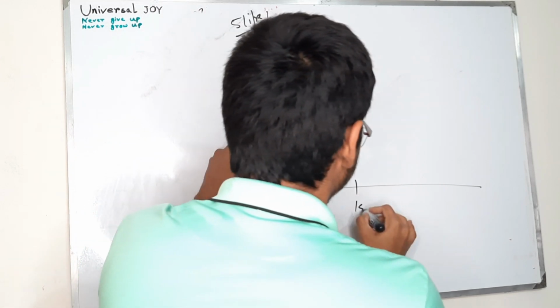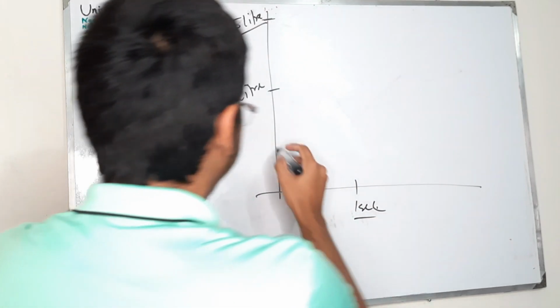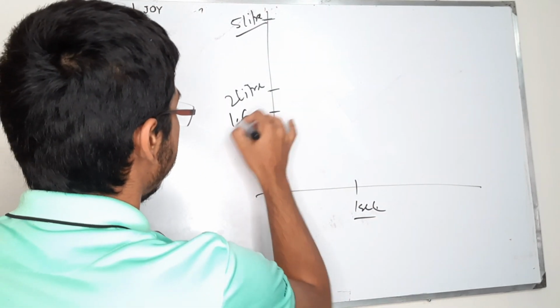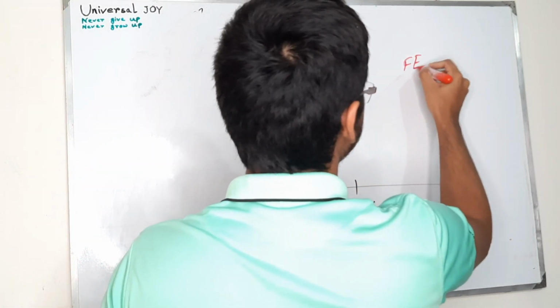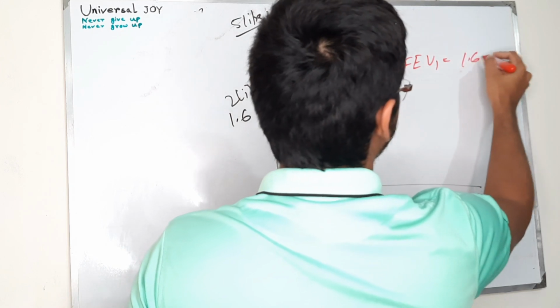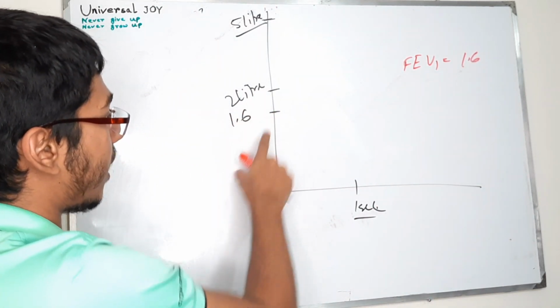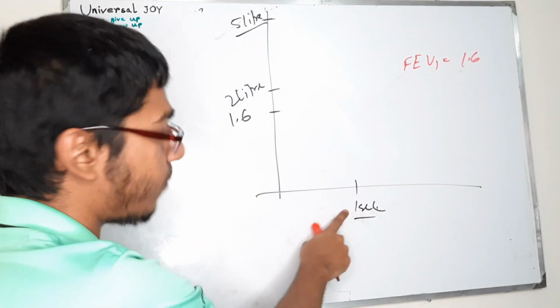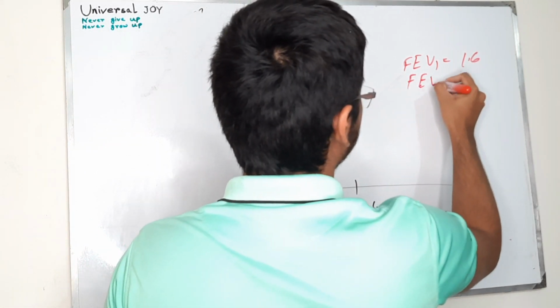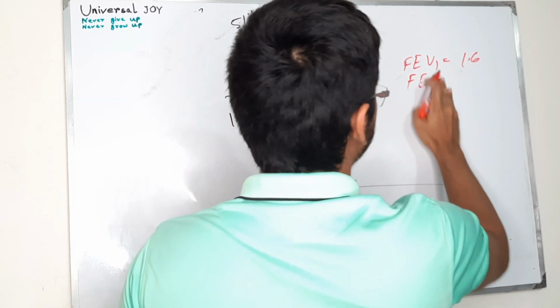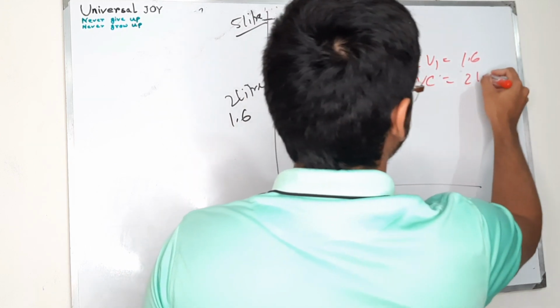And within the first second, out of this 2 liter, let's just suppose I'll be able to throw out 1.6 liter. So my FEV1 is approximately 1.6 liter, because out of this entire 2 liter, I've been able to throw out 1.6 liter within the first second. My forced vital capacity FVC is approximately 2 liter.